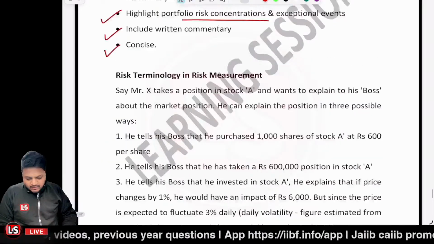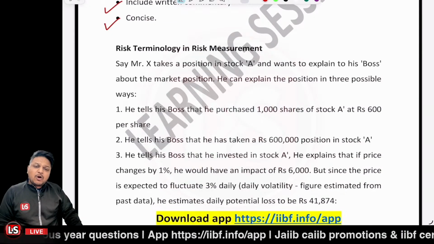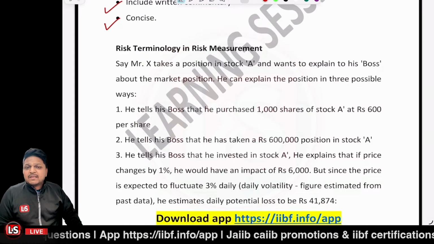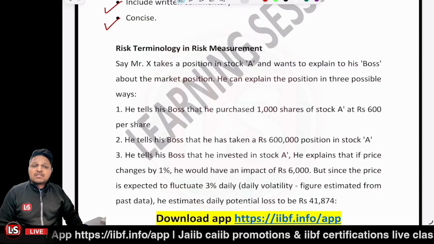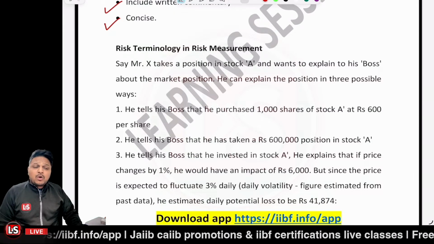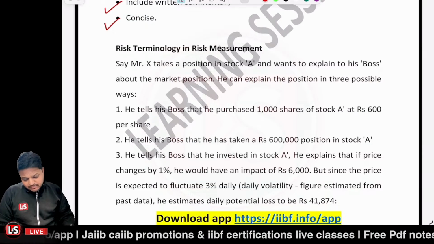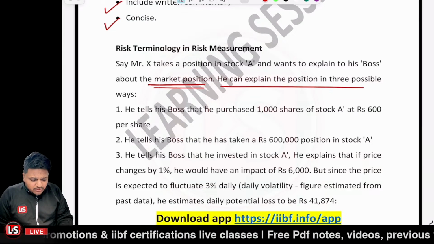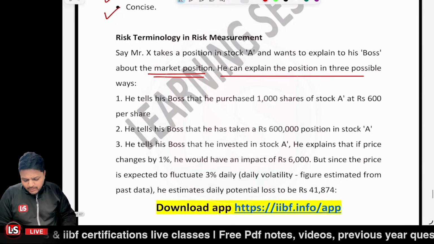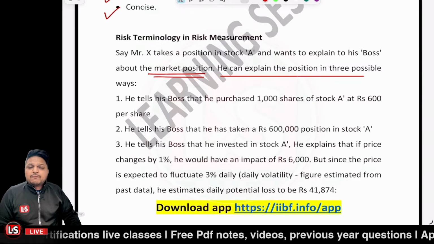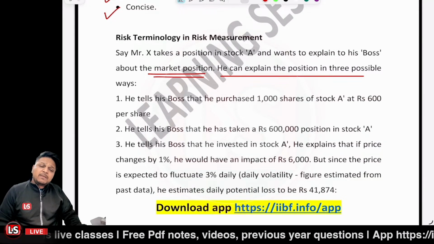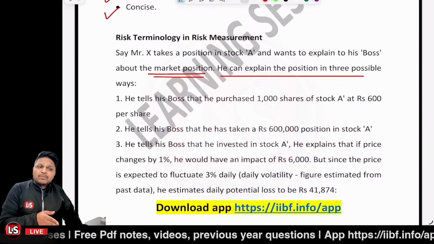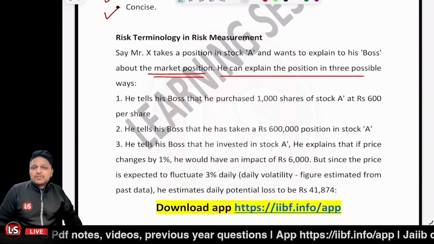In this scenario, you can find out how reporting can be done. It says that Mr. X takes a position in stock A and wants to explain to his boss about the market position. He can explain the position in 3 possible ways, and you have to tell which one is the best. The first one says he tells his boss that he purchased 1000 shares of stock A at rupees 600 per share.